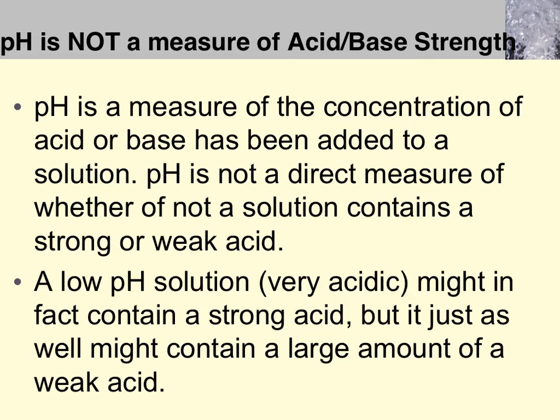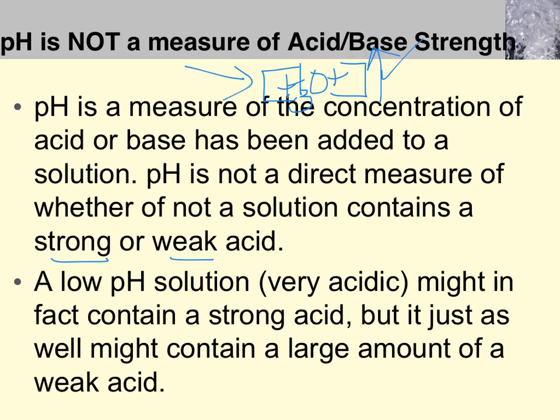pH simply tells us how much hydronium ion we have in a solution. It really doesn't give us any information at all about whether the hydronium ion concentration came from a strong or a weak acid. So you might have a really acidic solution, a really high concentration of hydronium ion, and it might have come from a weak acid.